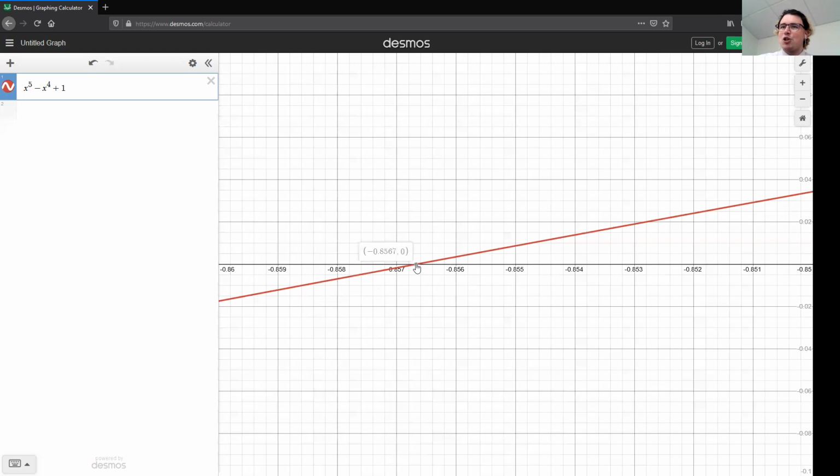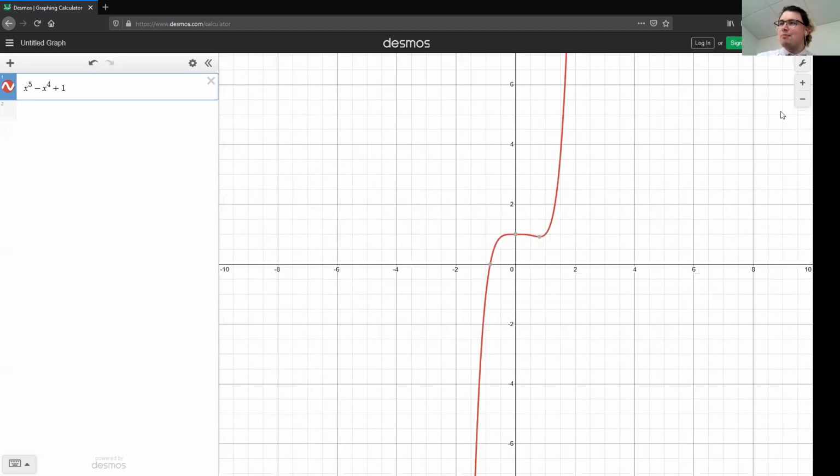Desmos is saying that that should be minus 0.8567. Now that's not the exact value. And I know that's not the exact value because I'm going to zoom in even more.